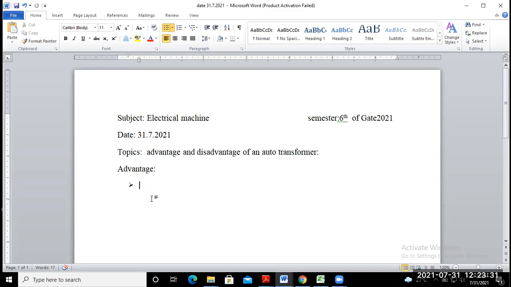So the weight of conductor for any winding is proportional to the cross-sectional area and length of the conductor.